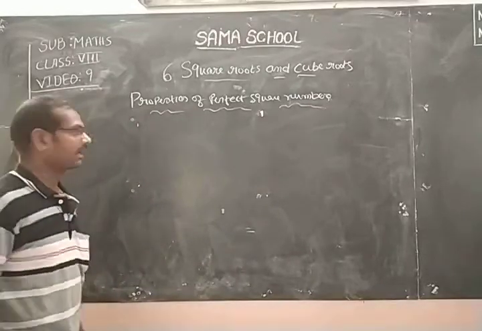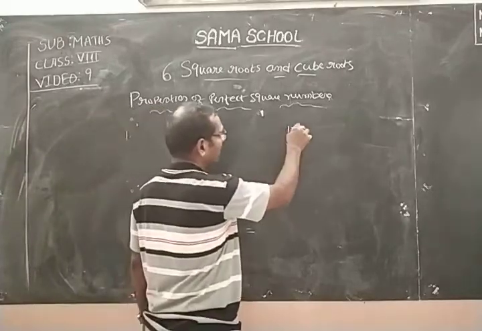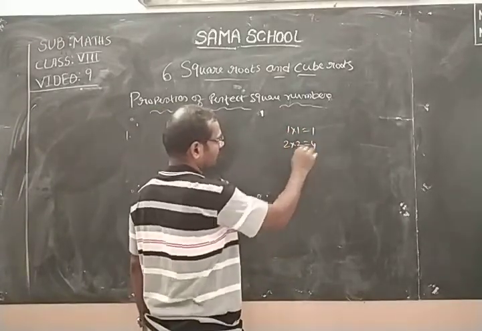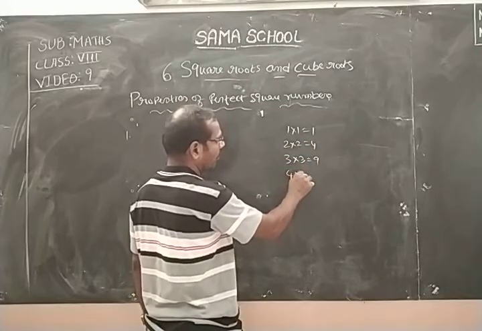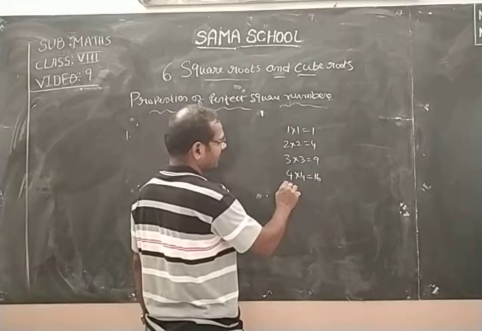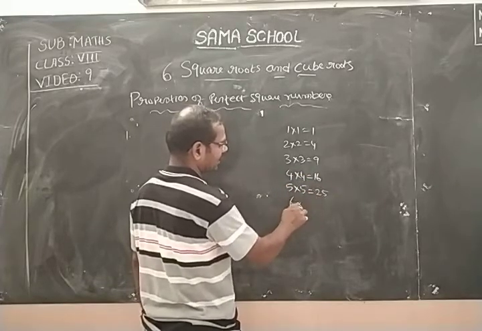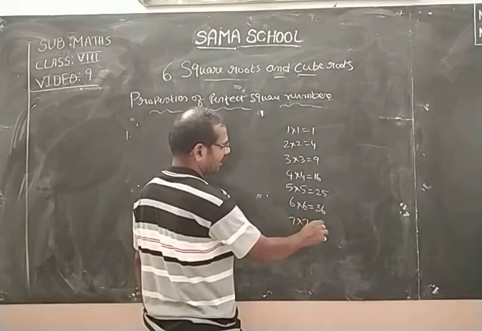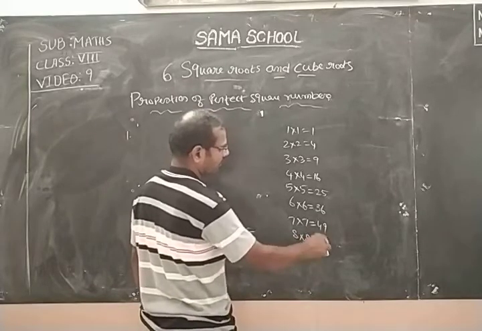First property. When you observe here, 1 into 1, 1. 2 into 2, 4. 3 into 3, 9. 4 into 4, 16. 5 into 5, 25. 6 into 6, 36. 7 into 7, 49. 8 into 8, 64.